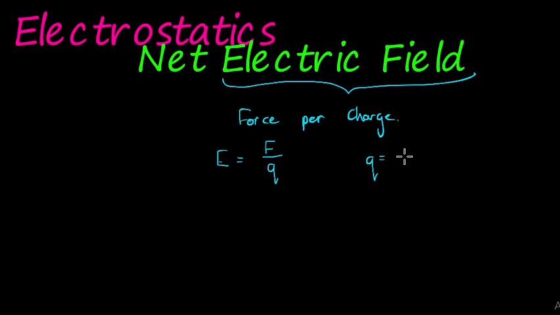That constant is equal to 1.602 times 10 to the power of -19 coulombs.